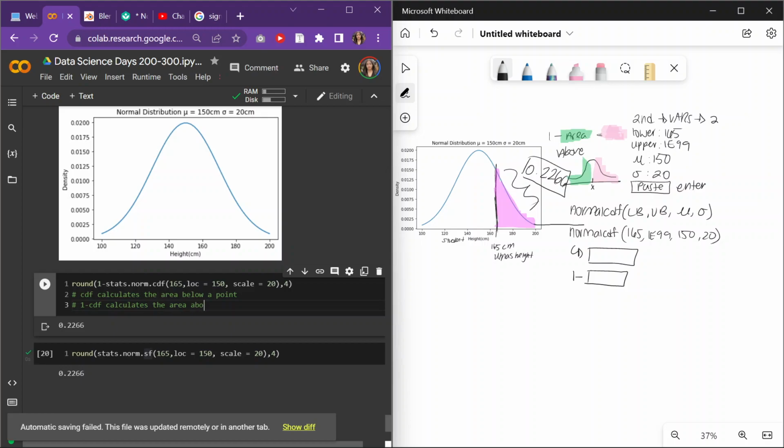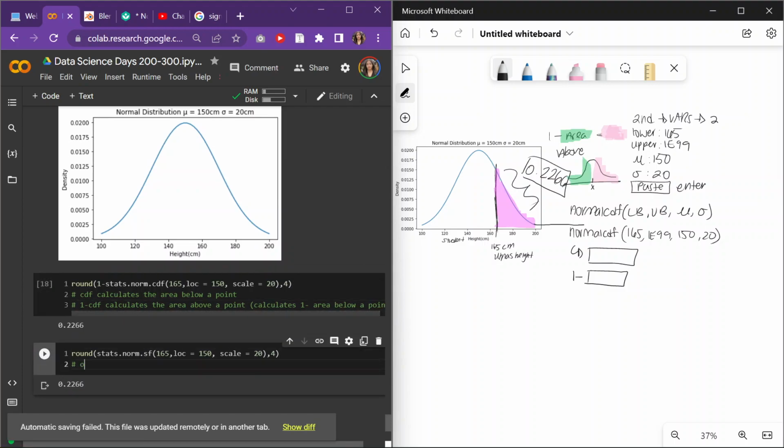And this one is just the opposite of CDF, and the same as 1 minus CDF.